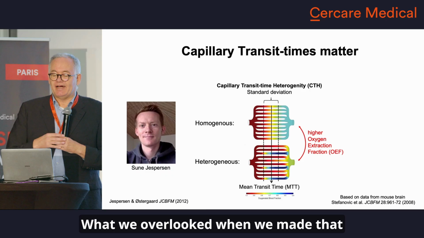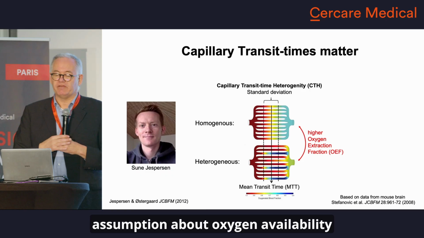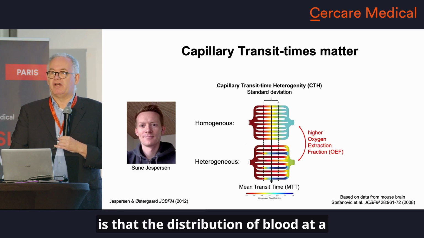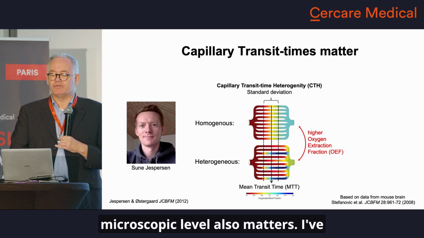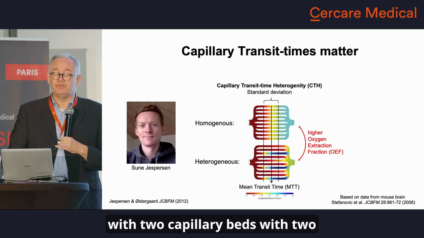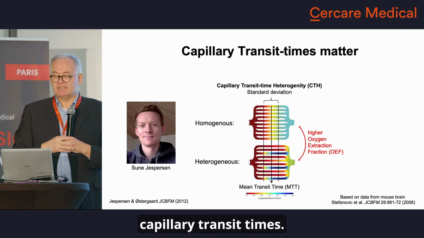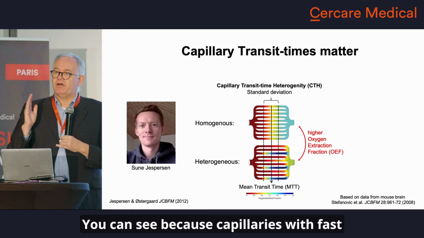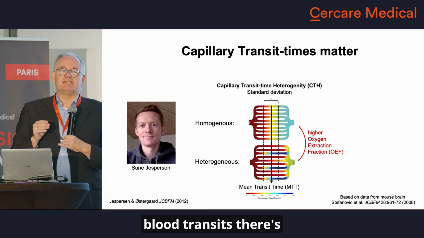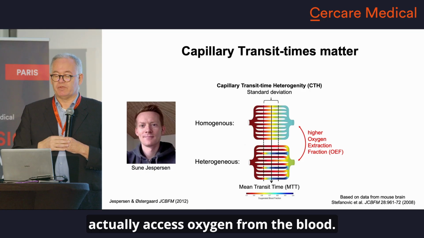What we overlooked when we made that assumption about oxygen availability is that the distribution of blood at a microscopic level also matters. I've illustrated that here with two capillary beds with two different distributions of capillary transit times. You can see that with fast blood transits, there's very little time for tissue to access oxygen from the blood.